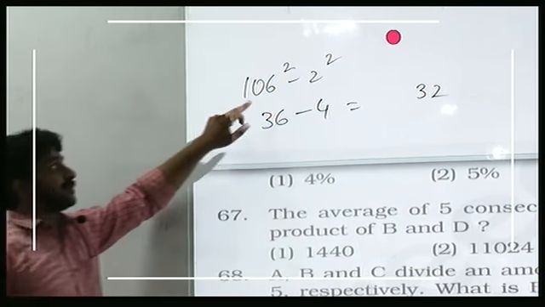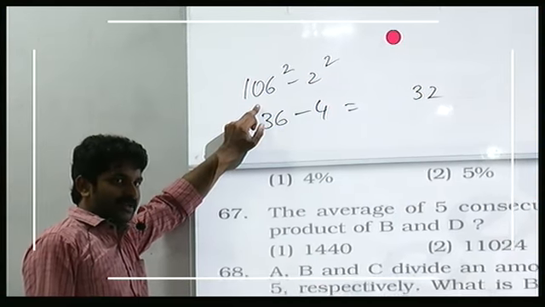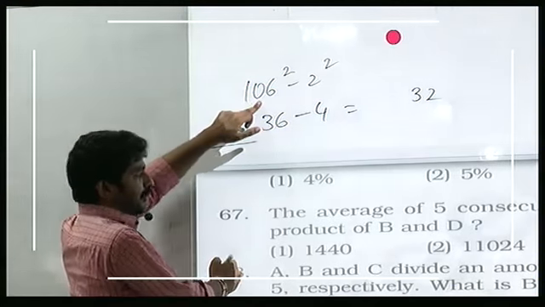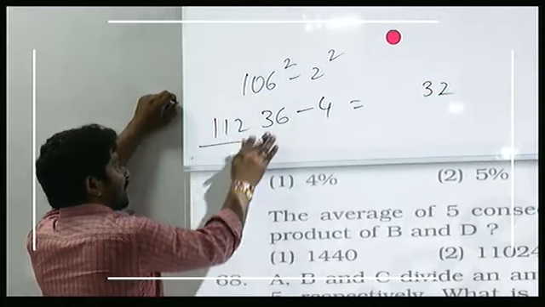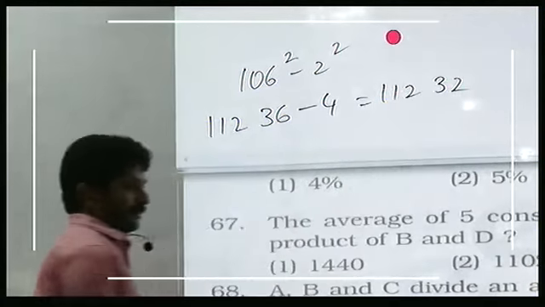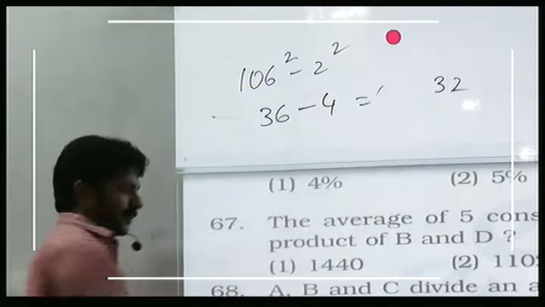Square concept: this is 6 more than 100, so the last 2 digits should be 6 square, 36. And if you want to calculate the previous number also, you can do it. Add 6 to the given number 106, that is 112. 112 36 minus 4, answer 112 32. My point is you need not calculate this. Just go for the last 2 digits, enough.